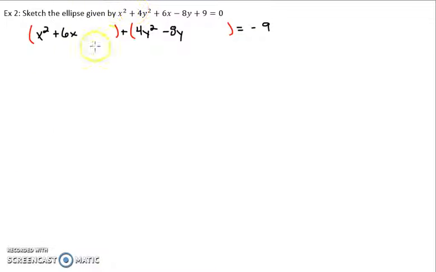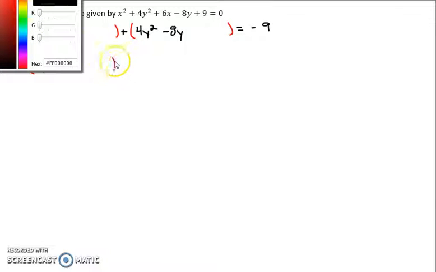Looking at the x's, we're good to go, but we have a problem with the y. When we complete the square, our leading coefficient has to be 1. So we're going to rewrite this problem by factoring out that 4 first. We're still going to have x squared plus 6x, that's fine, we don't need to do anything with that. But we do need to say plus 4.